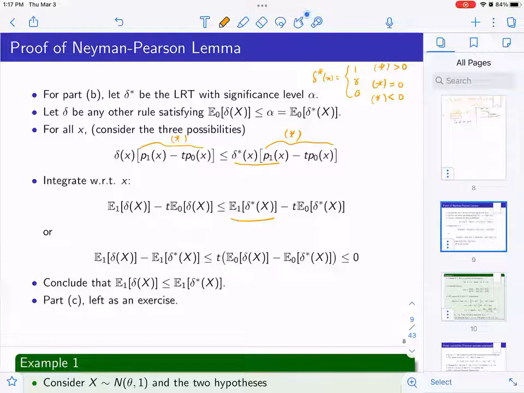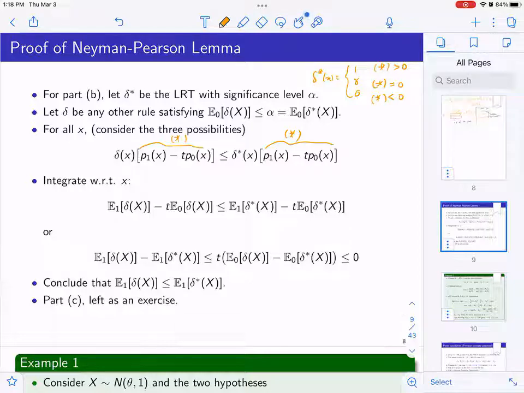So multiply both sides by, integrate with respect to dx, with respect to the underlying measure. This would give you the expectation under 1. This is the expectation under the null. Similarly here. Okay, and then I rearrange.